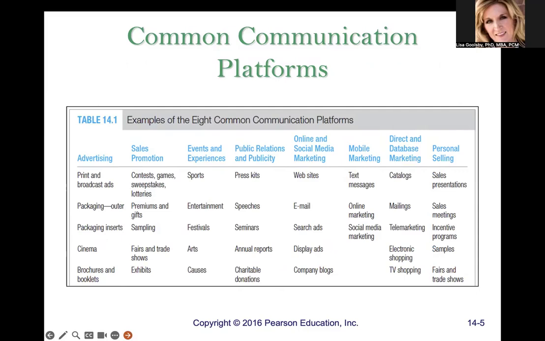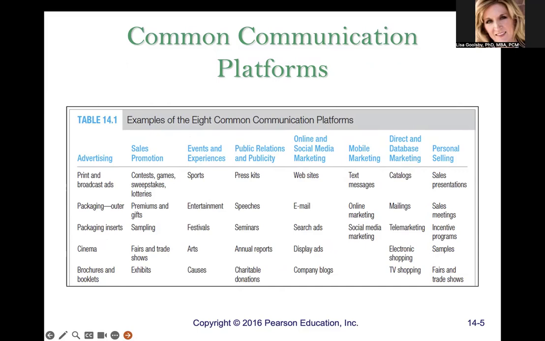So looking at those channels that we use, some of the common communication platforms, and this is a slide. If you are going into marketing, you're doing marketing, this is something you might want to keep because it is very helpful and insightful on those communication platforms.